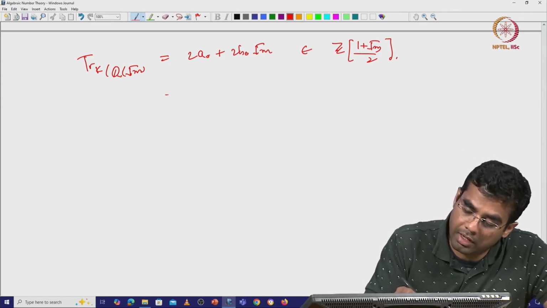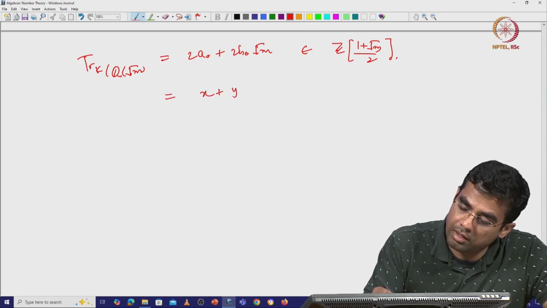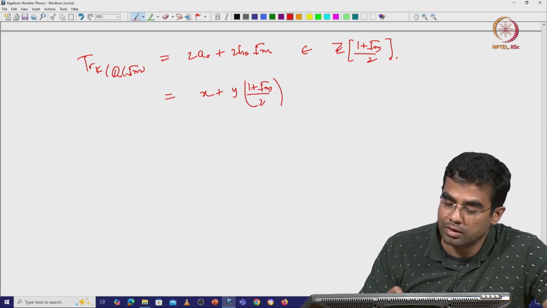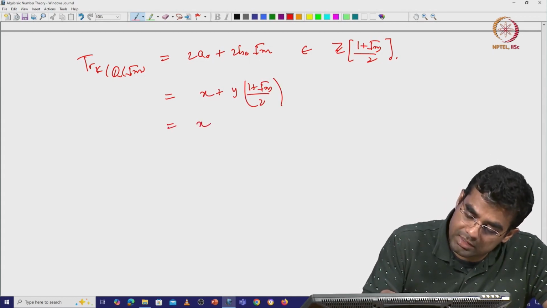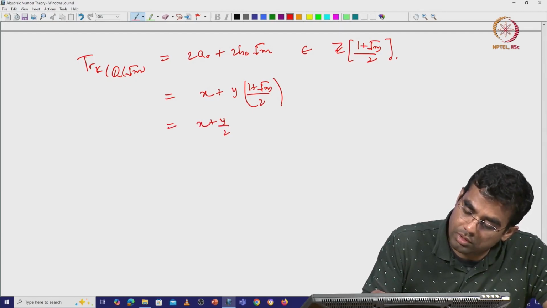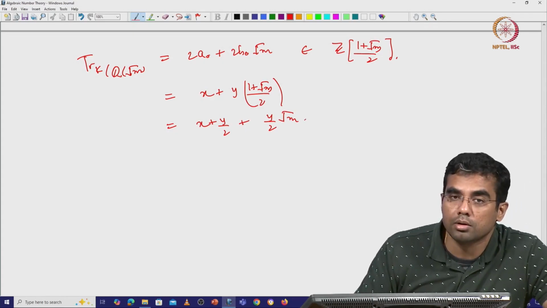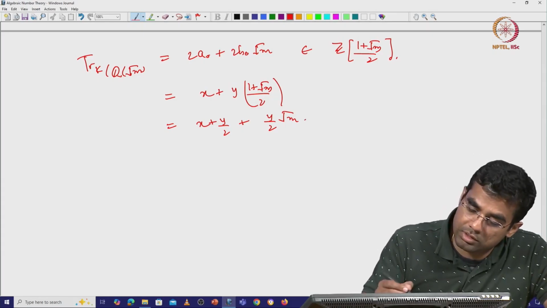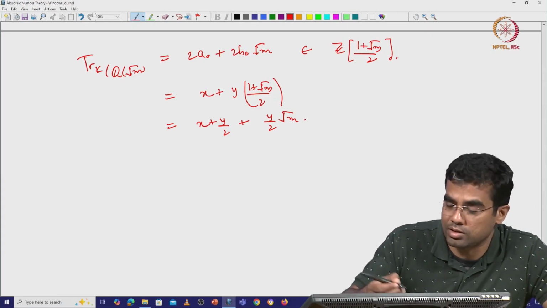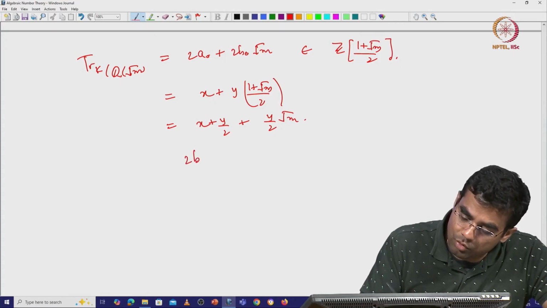right. So, if I write this as x plus y times (1 plus square root of m) by 2, then what do I get? I get x plus y by 2 plus y by 2 square root of m, right. And so anyway a0 is a half integer, that is still true.